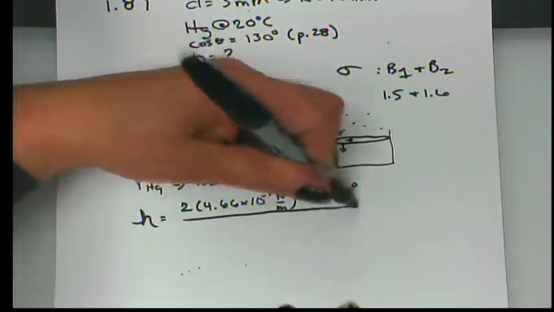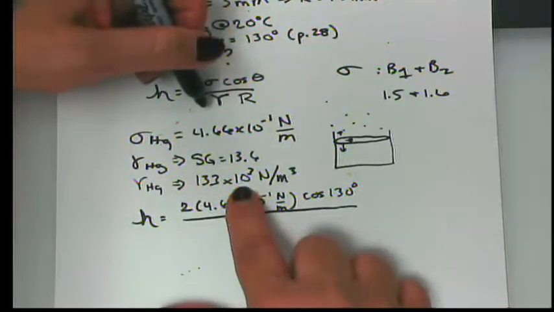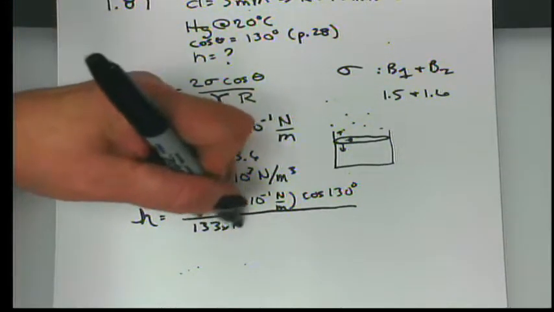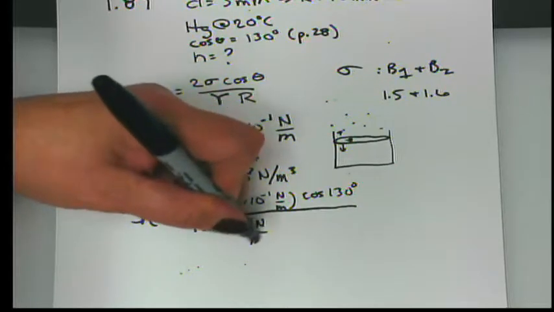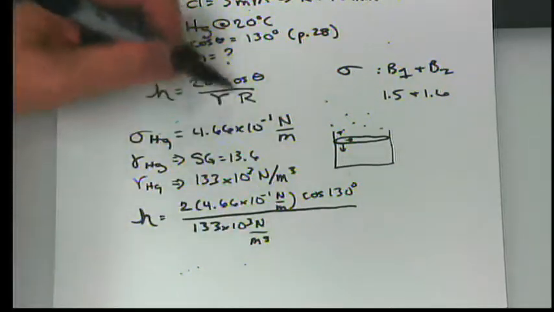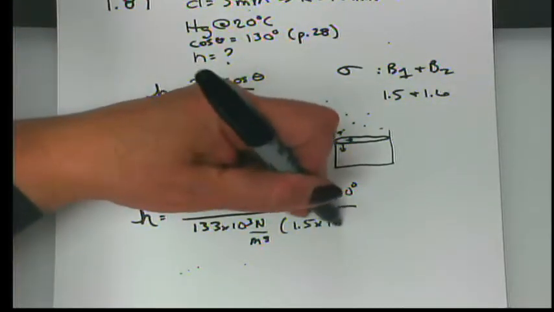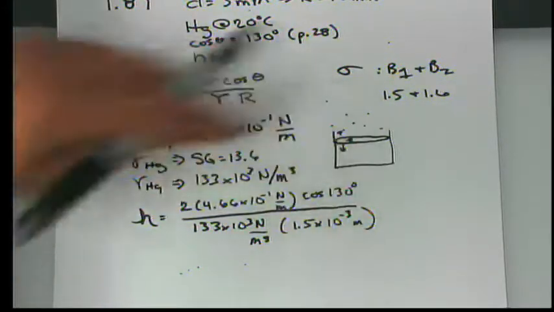And we divide that by gamma, the value is 133 times 10 to the third Newton per meter cubed, times the radius of that capillary tube, which is 1.5 times 10 to the minus 3 meters.